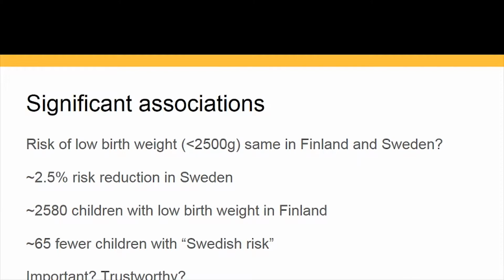Okay, so we don't know that this is the case. It's purely hypothetical, but any such difference between the countries could affect the risk ratio estimate, right? And other effects that were similar or slightly different.